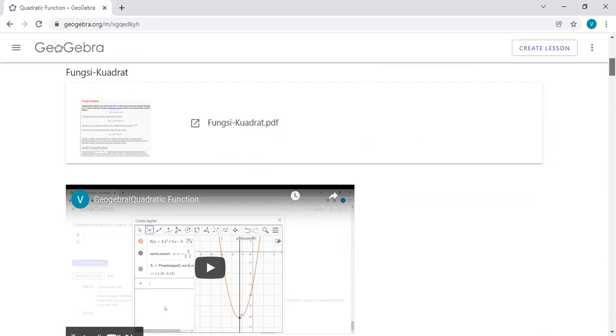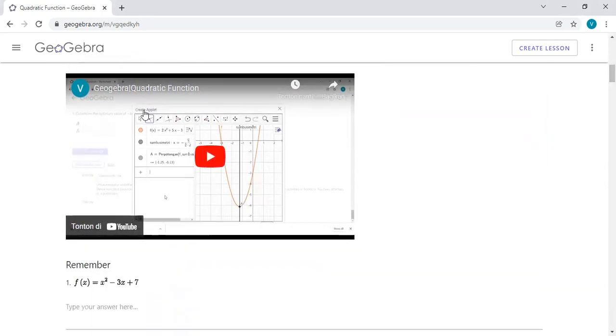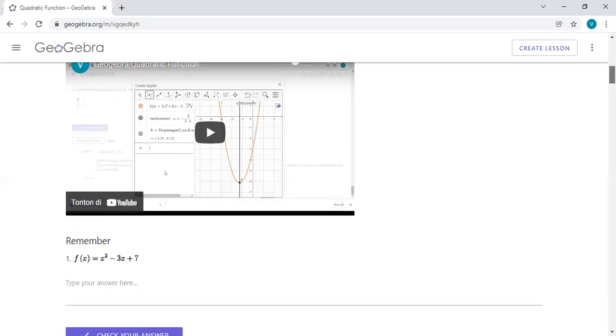I also built the video that is useful to finish this worksheet. The video includes the tools function in Geogebra applet, especially for the quadratic function.